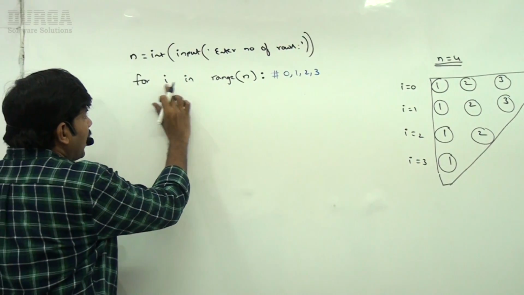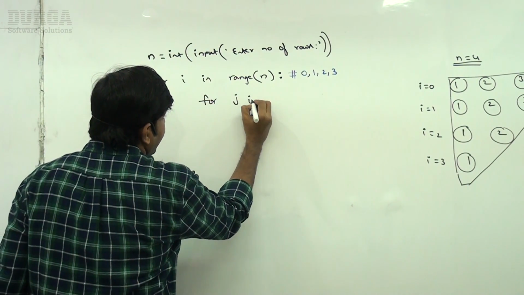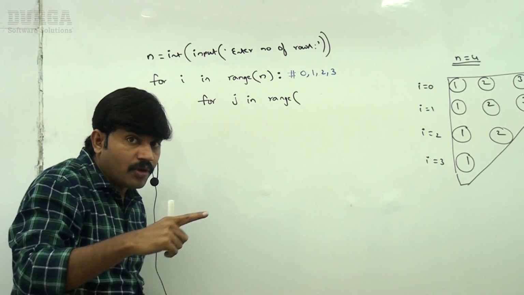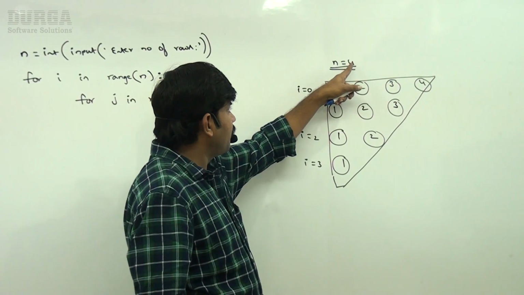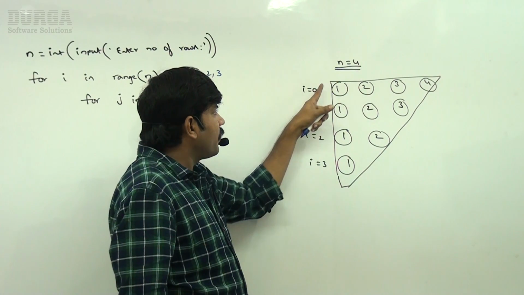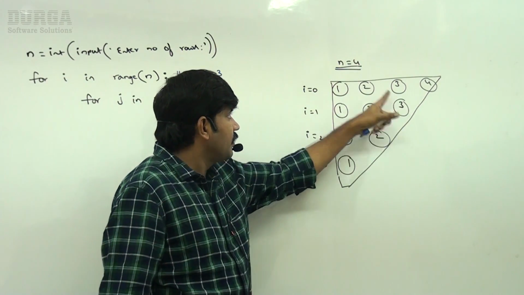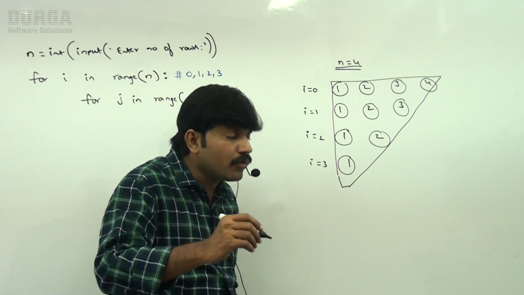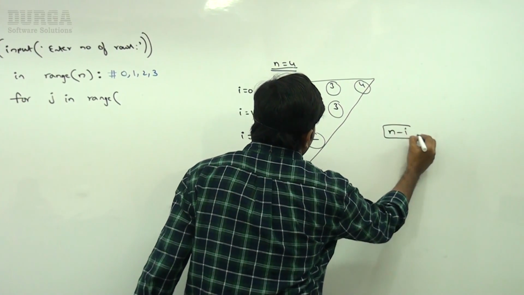So, this I talks about number of rows, and then for j in range of. So, in every row, how many elements do we require to take, sir? Have you observed? Are you seeing any relation between n and I? 4 minus 0, 4. Next, 4 minus 1, 3. 4 minus 2, 2. 4 minus 3, 1. So, in every row, how many number of elements, sir? n minus I number of elements.